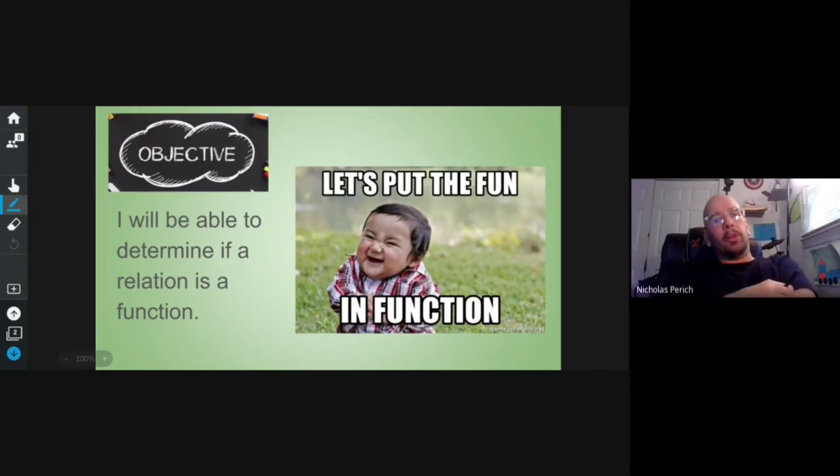I will be able to determine if a relation is a function. What's a relation? Well, let me put it in terms that you teens would understand. Say it's not a pandemic and you're sitting in a class and you see Bae walk through the room, or somebody you wish to be Bae. And you're like, oh man, that person of the gender that I'm attracted to is very attractive, and I would like to date him or her.